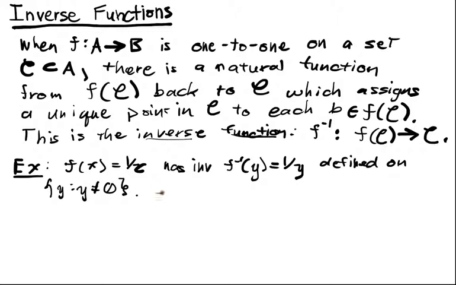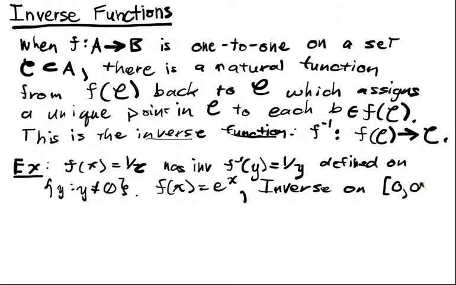How about f of x is equal to e to the x? Well, it's invertible on the set 0, infinity, and on that set the inverse is f inverse of y is equal to log of y.